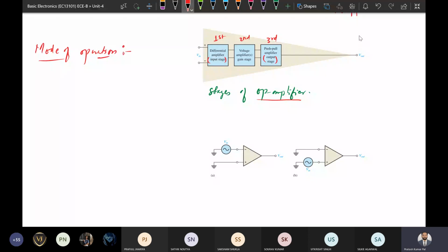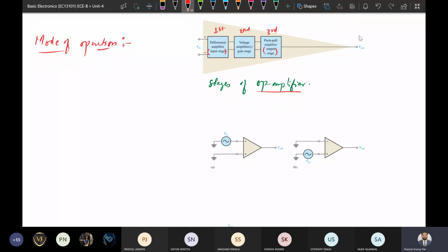One of the modes is this one. Here we can see from figures A and B that there are two input terminals, and at any one of the input terminals we are going to apply an input voltage.